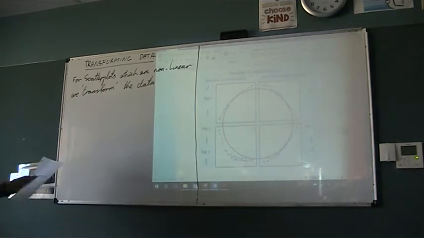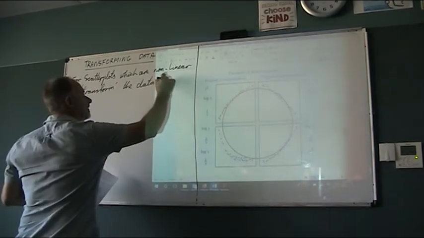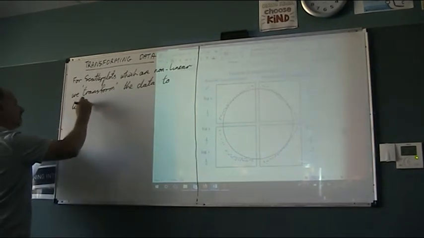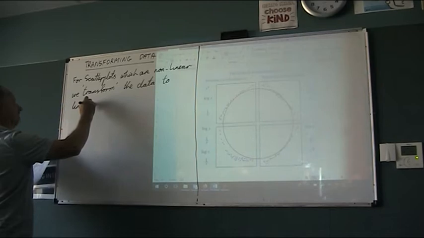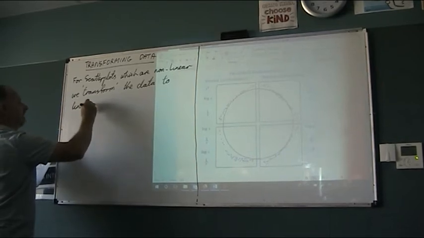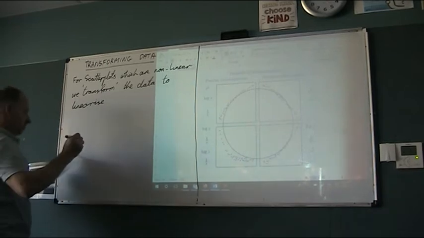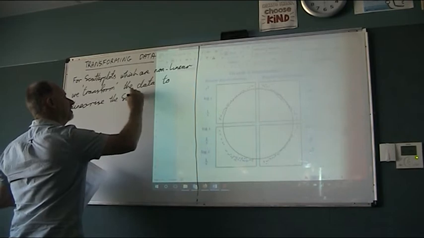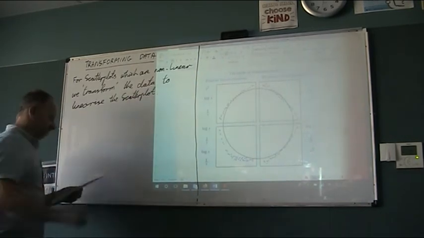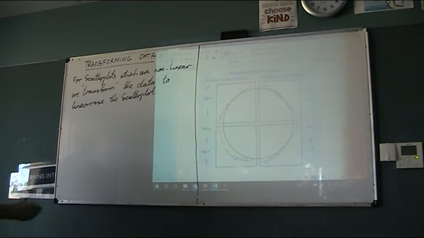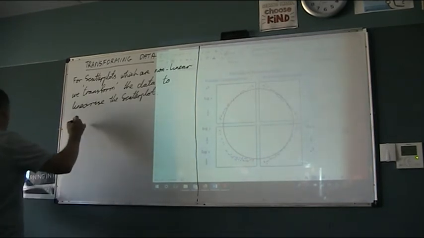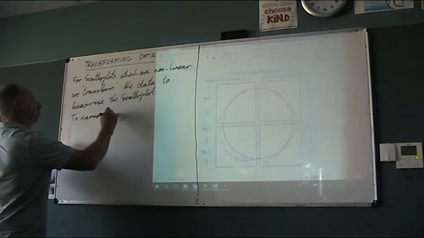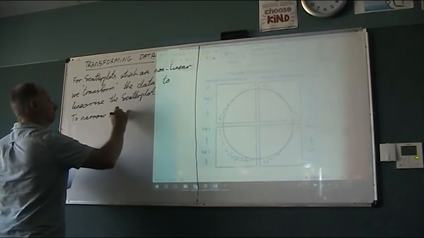We change it to get a linear plot, so to linearise the scatter plot. And to narrow it down, we use the circle of transformation.